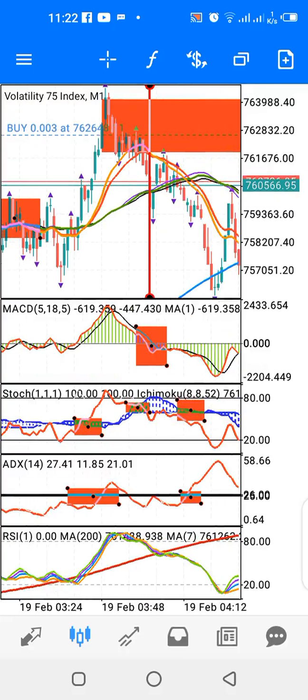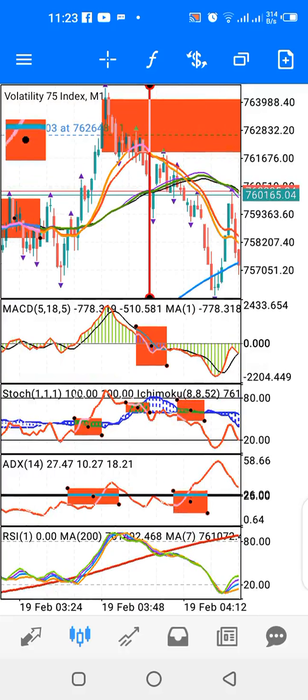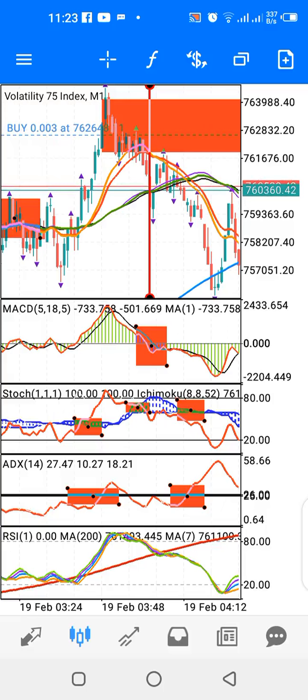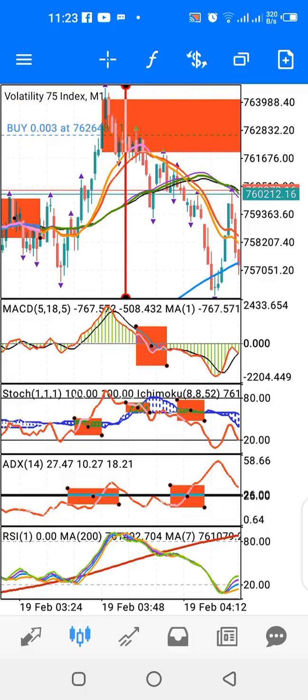Okay, but here we now have another rise above, and we can see what happened on the main chart. Price fell. All right, so that's basically how to use indicator window 3 to know when to place your trade and to know when to stay out because of range.